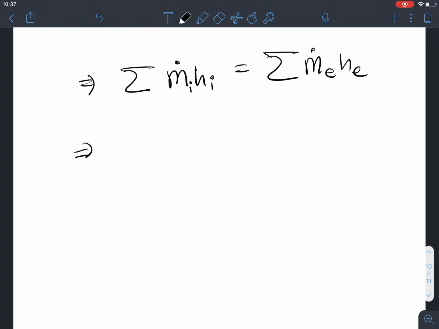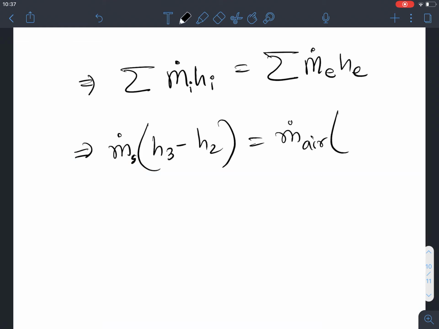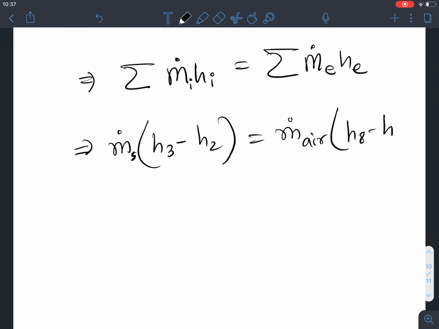So basically the input enthalpy is nothing but the steam. So steam is like this, H3 minus H2, and mass air, which is H8 minus H9.